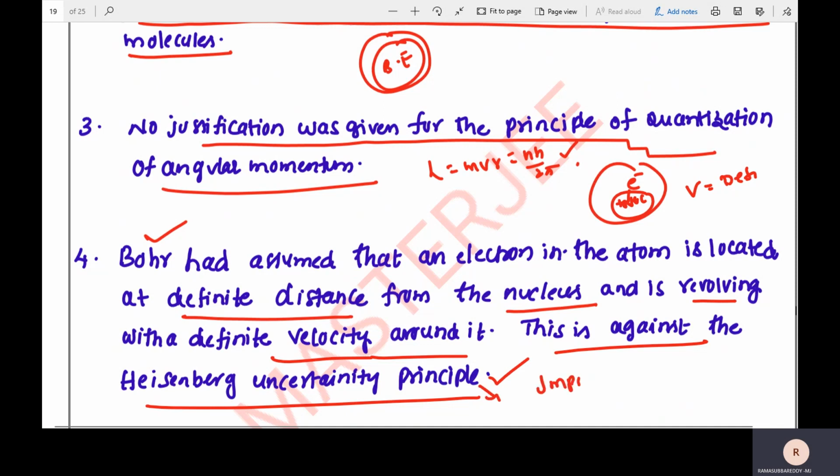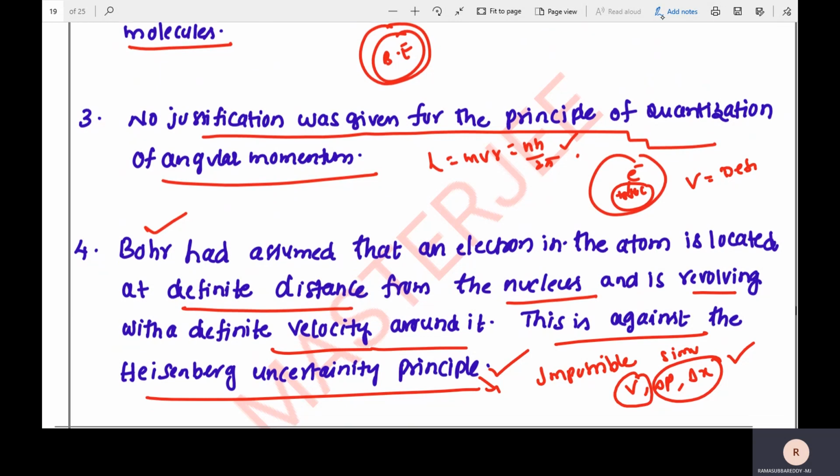It is impossible to measure accurately and simultaneously both position and momentum, that is delta x and delta p. So how can we say with fixed velocity? Because it is impossible to measure accurately both position and momentum. If we are not able to find position, how will we find velocity? That is one major drawback. It is a violation of the Heisenberg uncertainty principle.